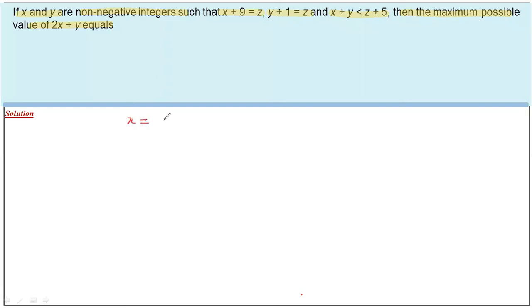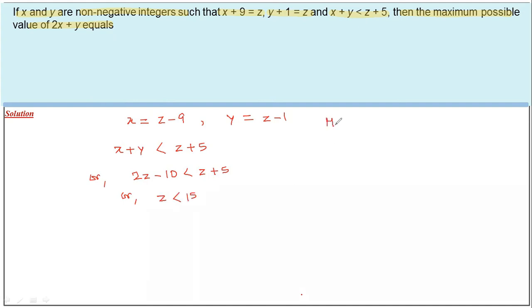We have x given as z minus 9, y given as z minus 1. Now x plus y is given as less than z plus 5, or 2z minus 10 is less than z plus 5, or z is less than 15.